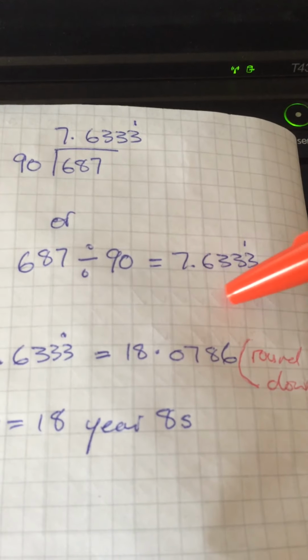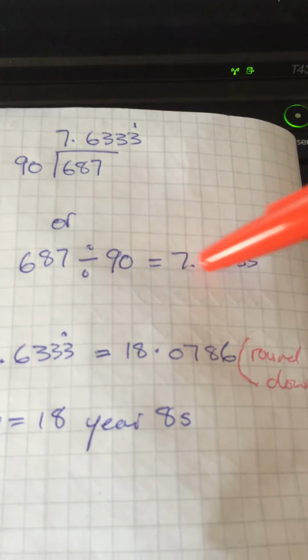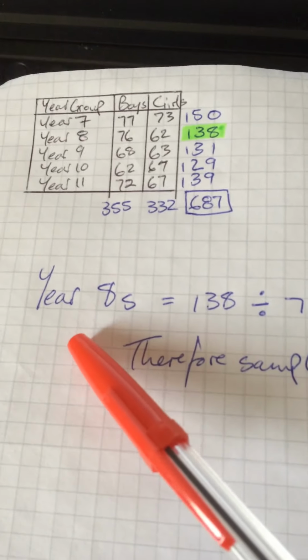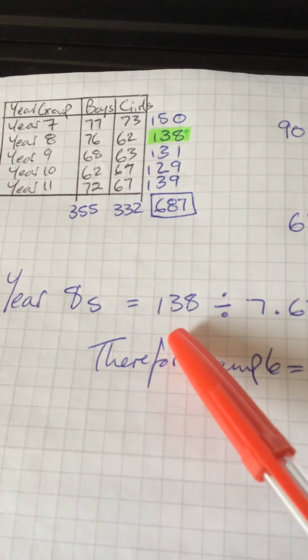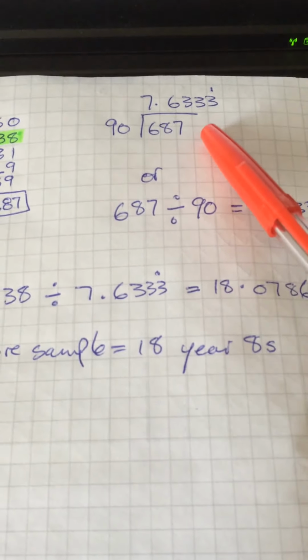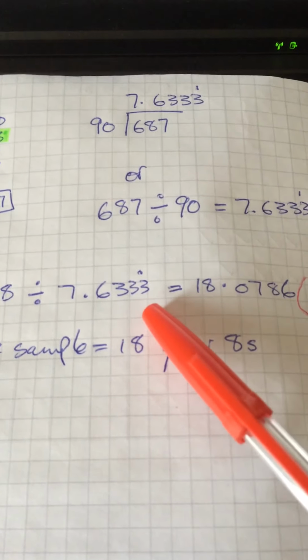But there's the number you're going to either be multiplying or dividing by, whether you're going from the sample to the total or from the total to the sample. So again, coming back to year 8s, there are 130 year 8s. I want the sample, so I have to divide by what number? Divide by the answer you got there, so divide by 7.633 recurring.